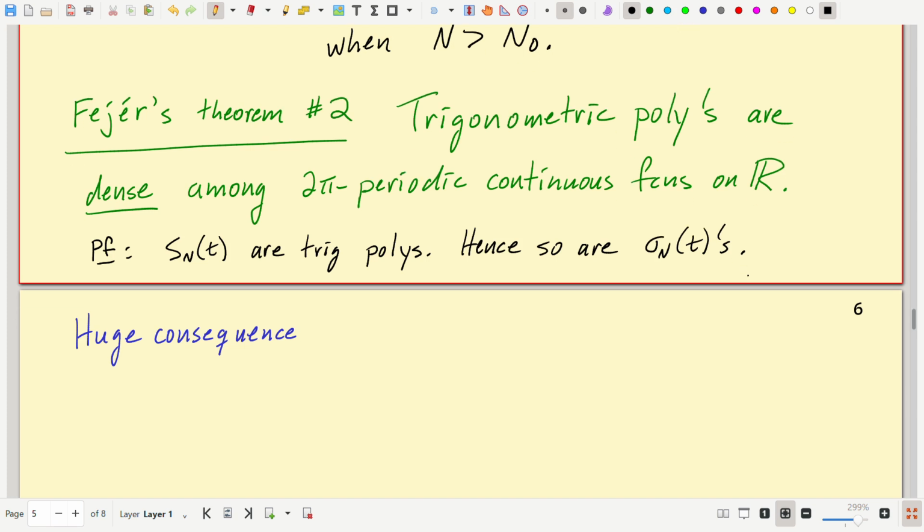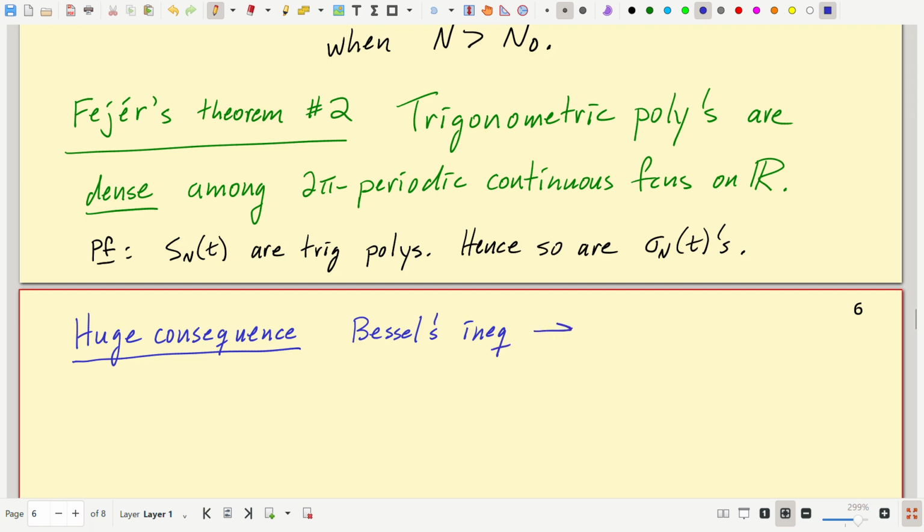But a huge consequence from this is that Bessel's inequality becomes an equality, tends to an equality as n goes to infinity. And that equality is called Parseval's identity.